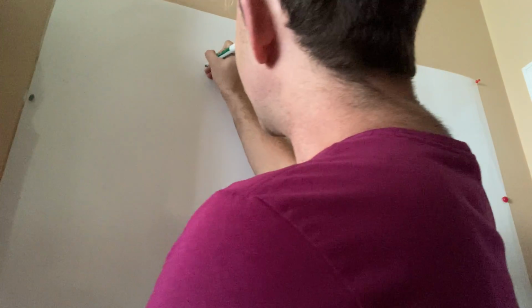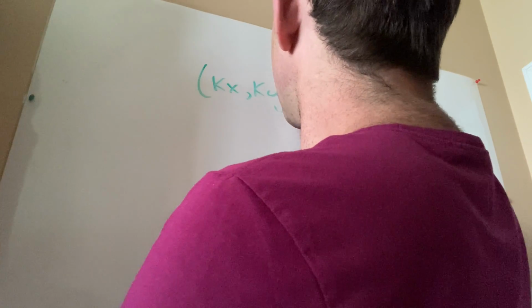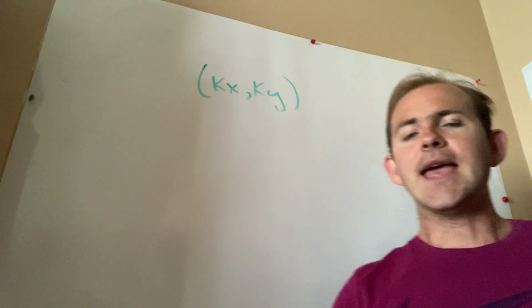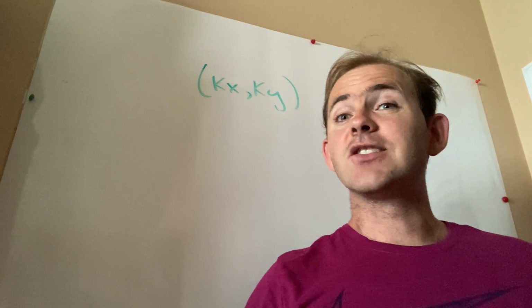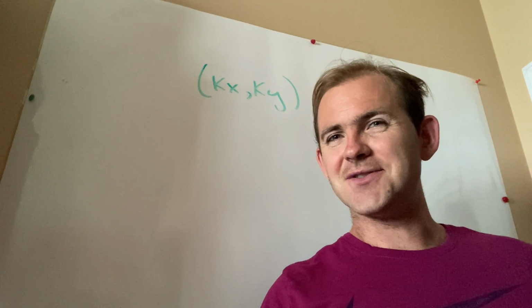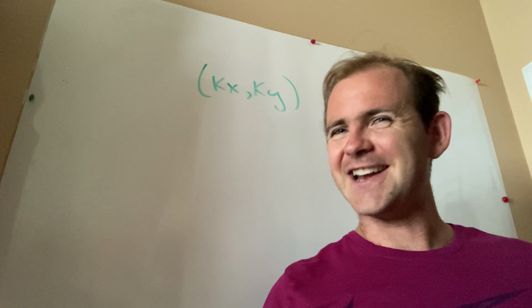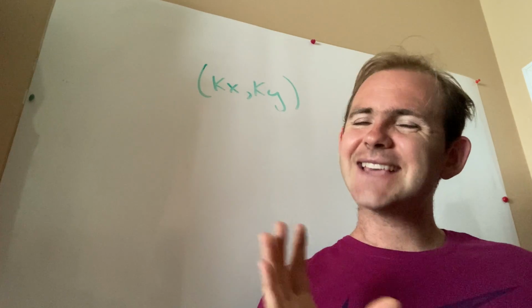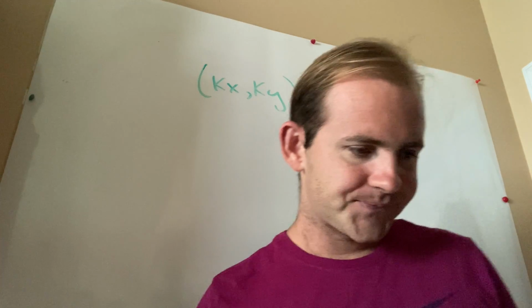K. So the coordinate rule, and I want you to write this somewhere in the margin because this is important. The coordinate rule for a dilation in the xy coordinate plane, as long as the center of dilation is at 0, 0, we'll talk about why that's important later, but for right now, you can just memorize this, is kx, ky.